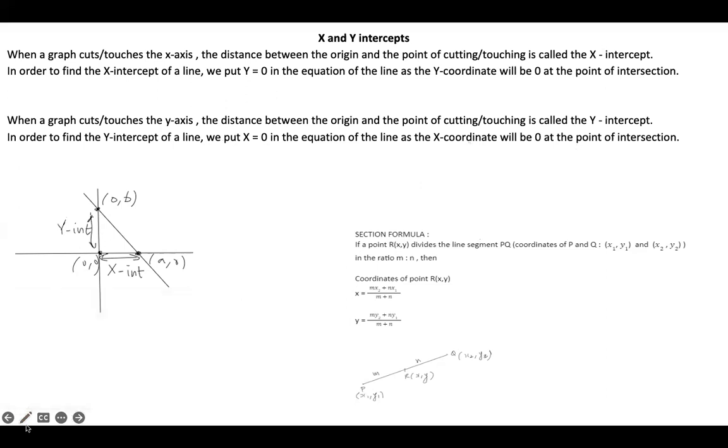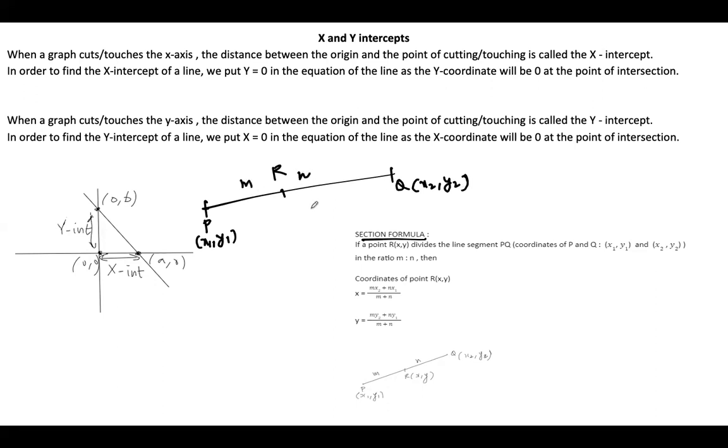There's one more point that I would like to highlight, not that relevant with respect to the exam. Let's say there is a point R that divides a line segment PQ, having coordinates x1, y1 and x2, y2, in the ratio m is to n. Then the coordinates of point R would be m multiplied by x2 plus n multiplied by x1, divided by m plus n.